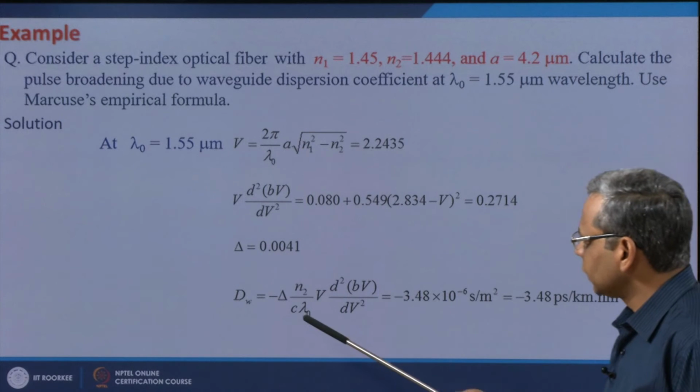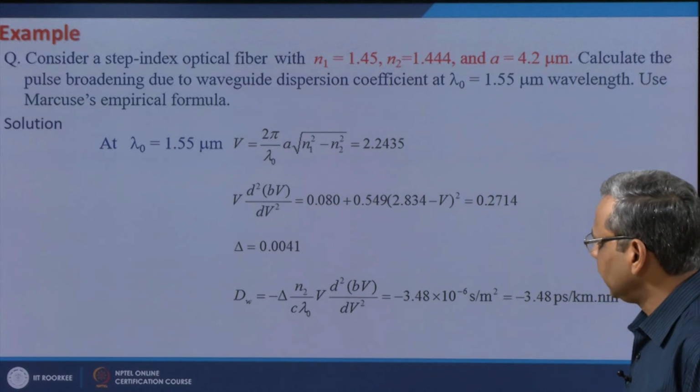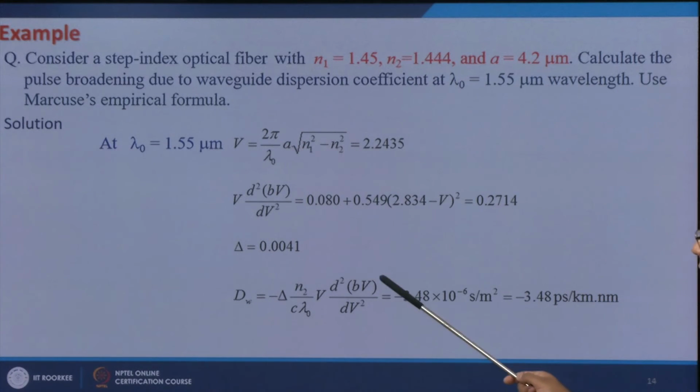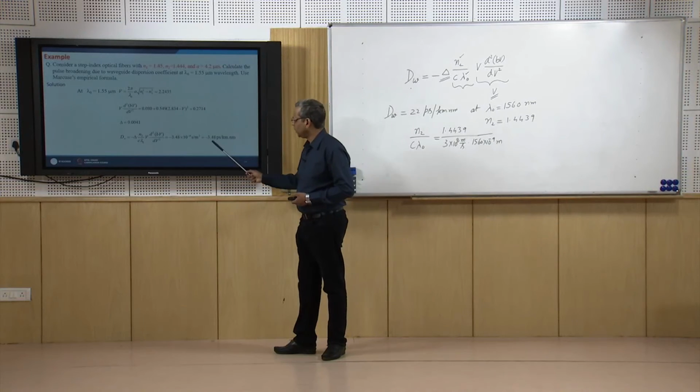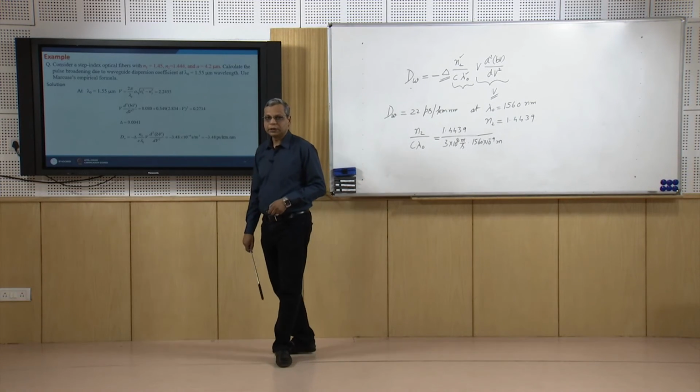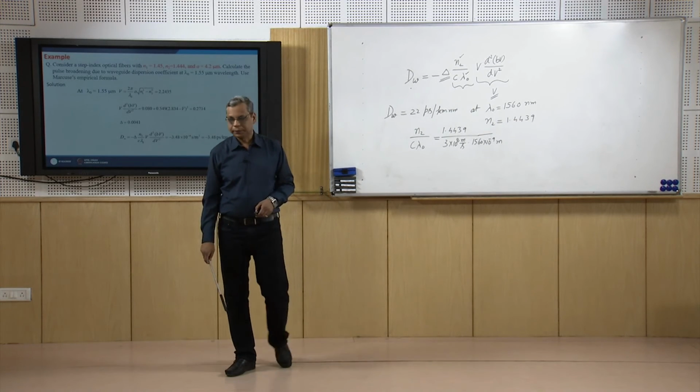So, D_W, which is given by minus delta n2 over c lambda naught times V d2(Vb) over dV square, comes out to be minus 3.48 into 10 to the power minus 6 seconds per meter square, and I can convert it into picoseconds per kilometer nanometer, and it comes out to be minus 3.48 picoseconds per kilometer nanometer.